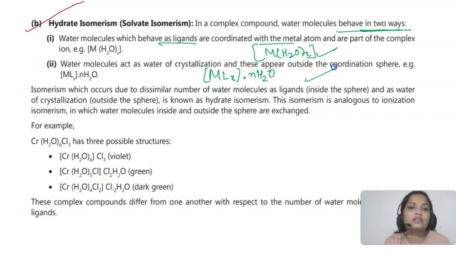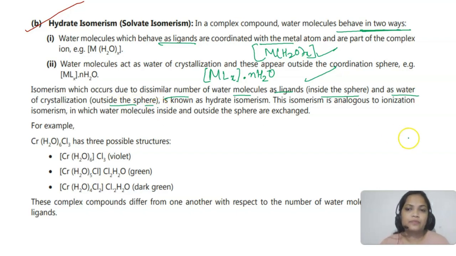So there are two ways in which water molecules can attach to these compounds. This isomerism occurs due to a dissimilar number of water molecules as ligands inside the sphere and as water of crystallization outside the sphere. So we will call it hydrate or solvate isomerism.